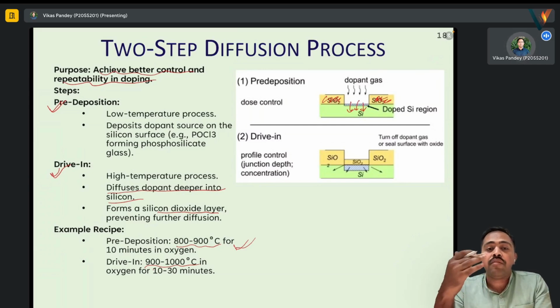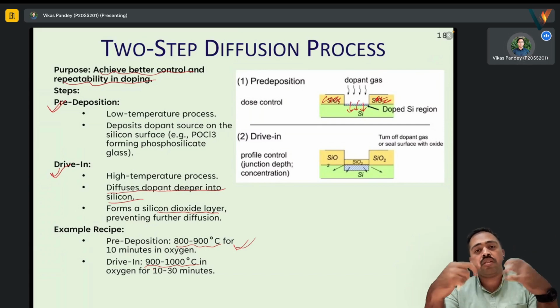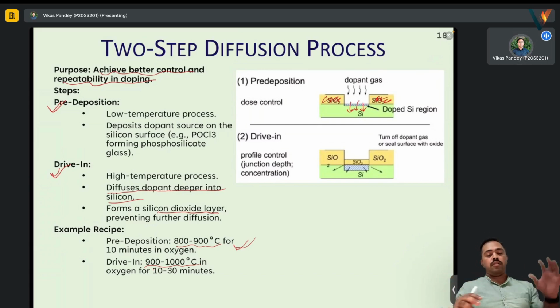Then drive-in is where we are making it go to the required depth, and the SiO2 that forms on the top will actually act as a diffusion mask, or you can say a diffusion stop layer, where it will prevent further concentration of the dopant gases from coming there.